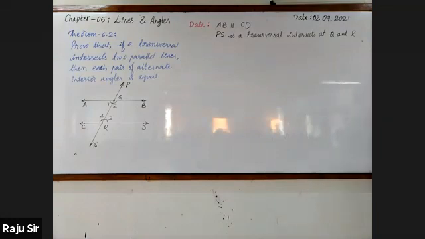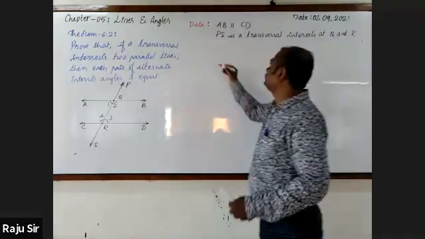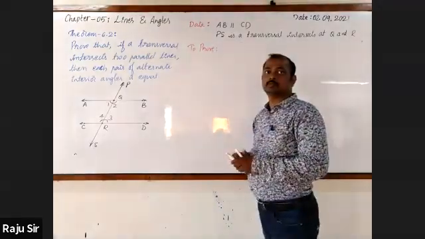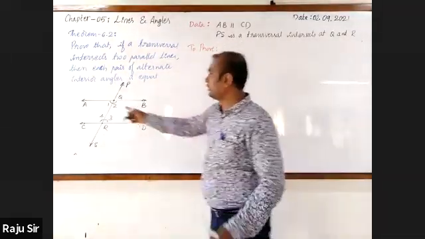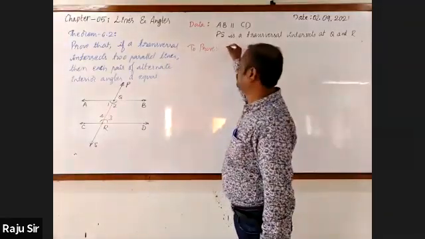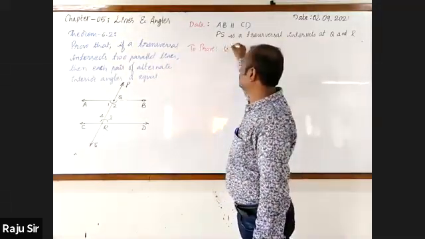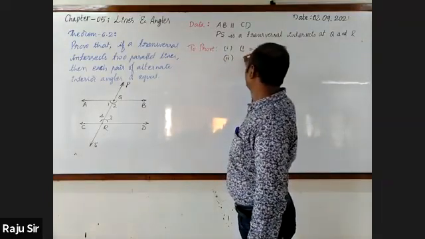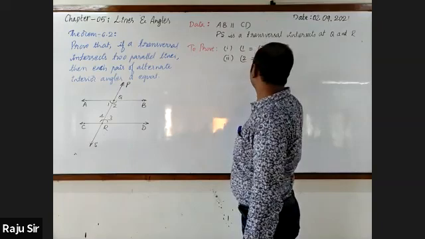Next. Tell the next step. To prove. What we have to prove? Angle 1 equal to angle 3, angle 2 equal to angle 4.